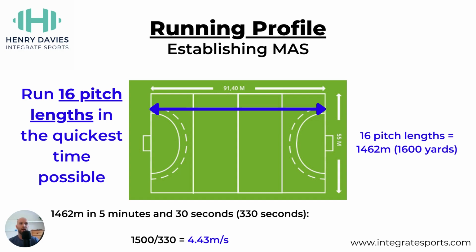That should obviously say 1462, not 1500 on the bottom there, but 1462 divided by 330 would give us 4.43 meters per second. And that would therefore be our maximal aerobic speed.